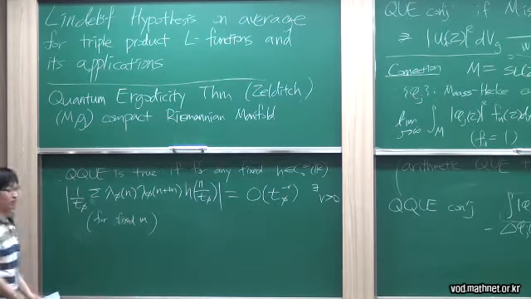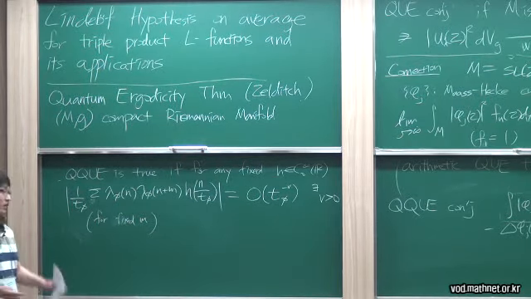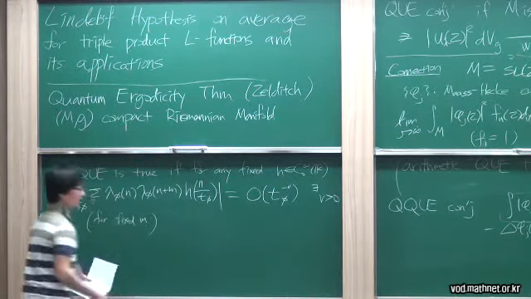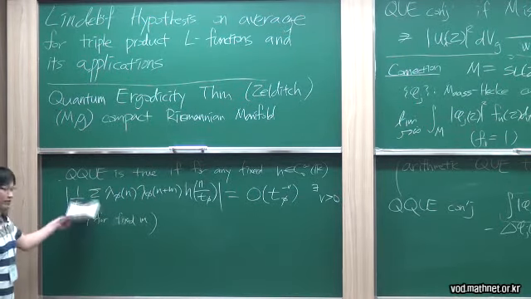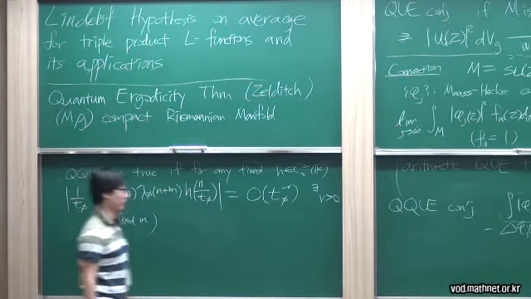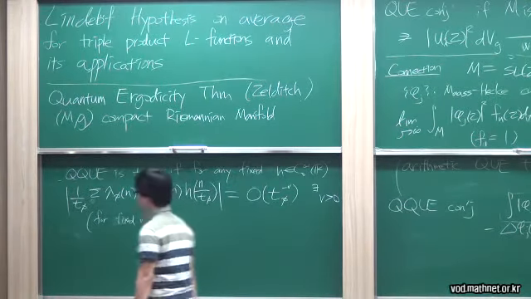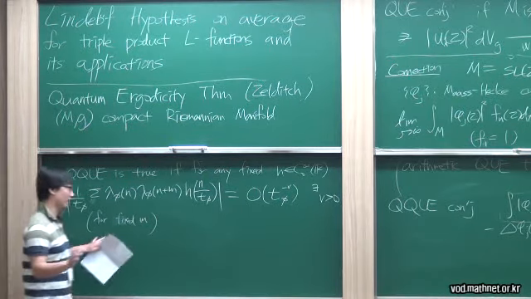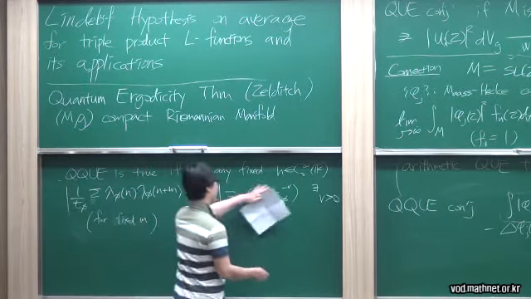So that integral transformation has some subspace of functions which it cannot approximate. So this is a stronger statement, although it looks simpler than the original statement. And in fact, quantum unique ergodicity without a quantitative rate is equivalent to having this.